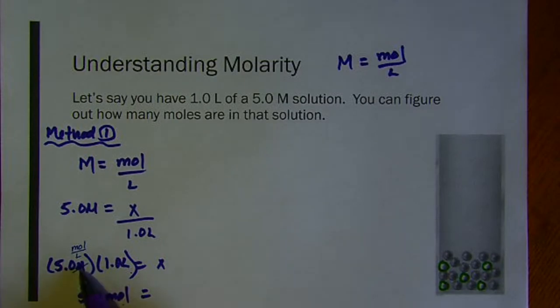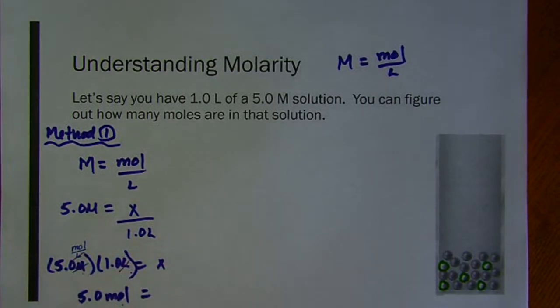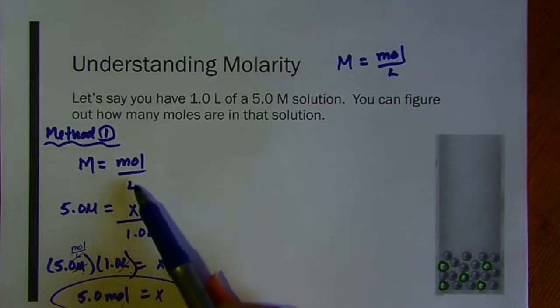And when you separate out big M into moles per liter, you can more clearly see that your unit of liters cancels, leaving you with moles. When you're using this method, it is critical that you remember that molarity is always moles per liter. So if you're ever given your volume in something other than liters, you would first need to convert your volume into liters.